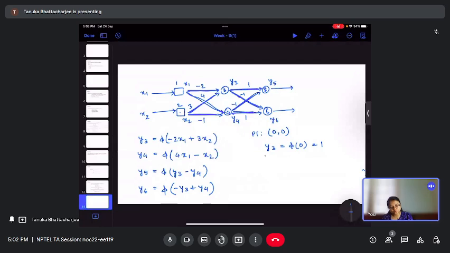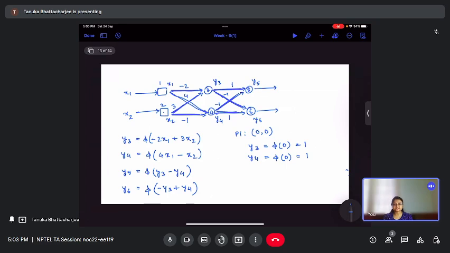Similarly, if you compute y4, again your x1, x2 both are 0. So this will also become phi of 0, and this will be equal to 1. Now these y3 and y4 are the inputs for nodes 5 and 6. So based on these inputs, you will have to compute y5 and y6. So y5 is phi of y3 minus y4.